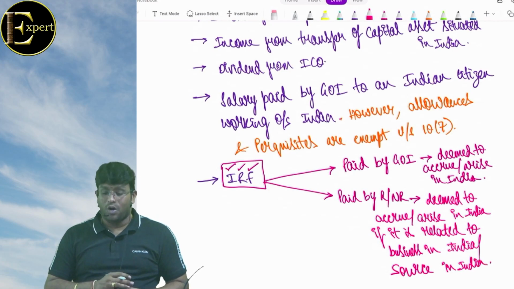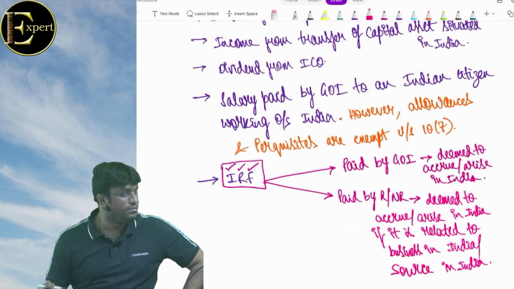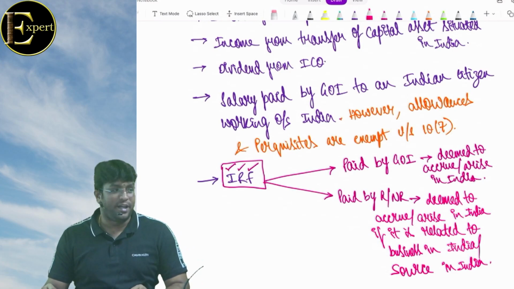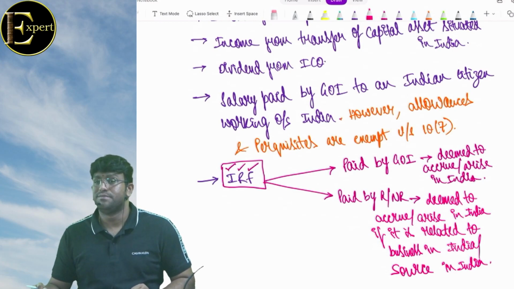Business in India or source in what, my dear friends? India. What is in IRF, beta? Interest, royalty, fees for technical services. What is the answer if it is paid by Government of India? Deemed to accrue in India. If it is paid by a resident or non-resident, deemed to accrue in India only if it is related to what? Business in India or source in India.